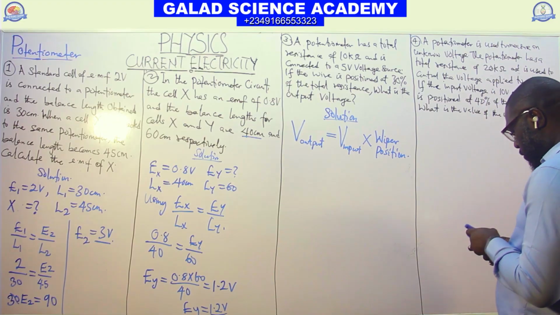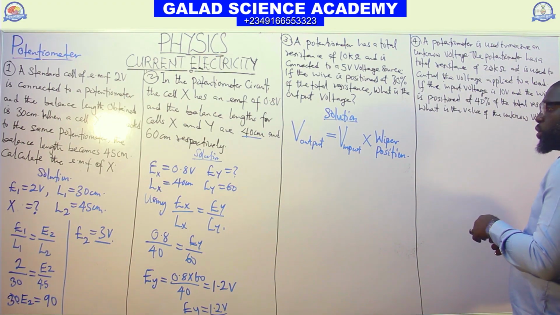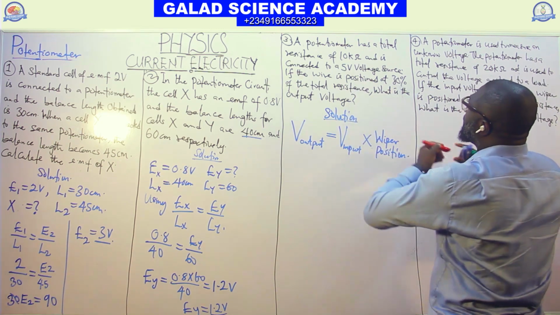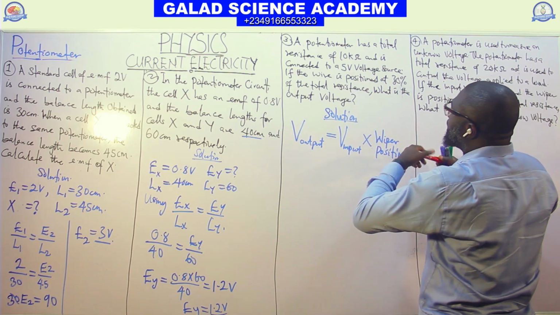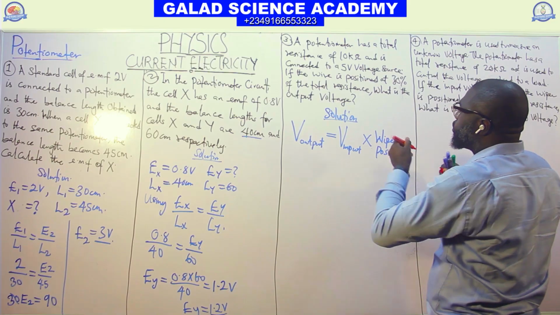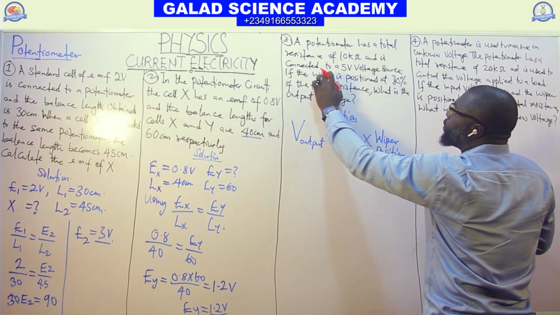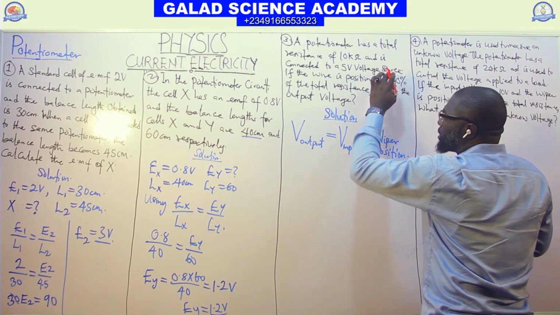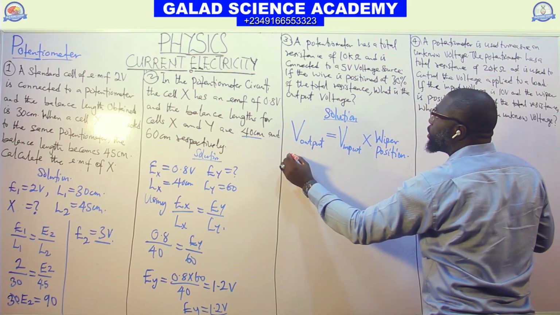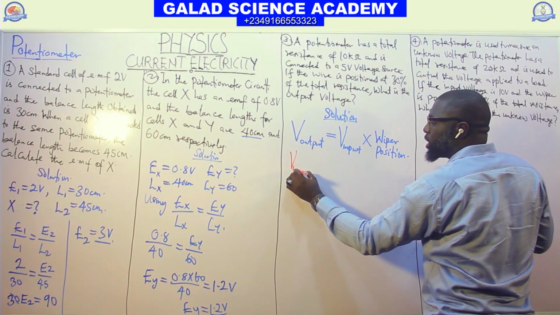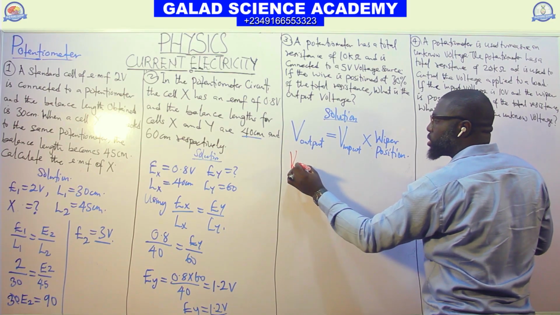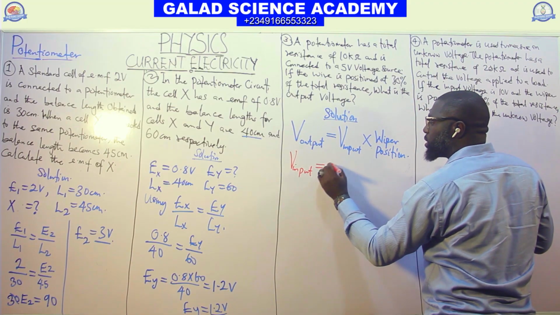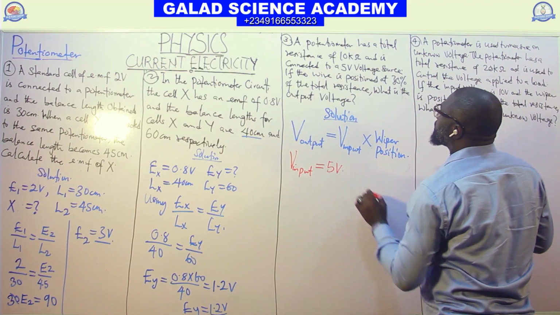For this question, you can see that we are given the total resistance to be 10 kilo-ohm connected to a battery of 5 volts. This is the voltage input, which is the source, 5 volts.